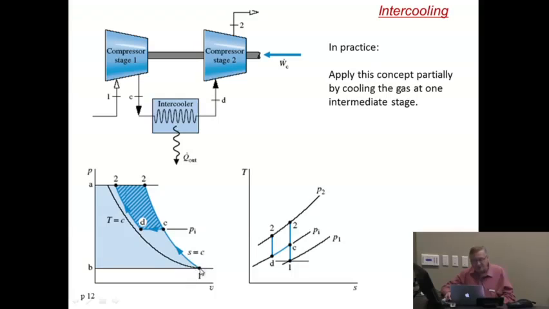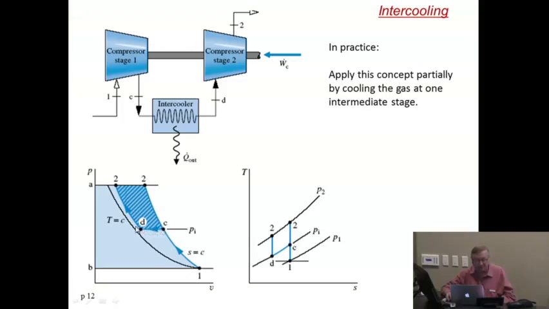So instead of going from 1 to 2 with one single isentrope, we're going to go from 1 to an intermediate point C here. And then in a PV diagram, this is a heat exchanger, so P is constant, we follow a horizontal line between C and D, where we decrease the temperature. We go closer to a constant temperature that would be equal to T1.